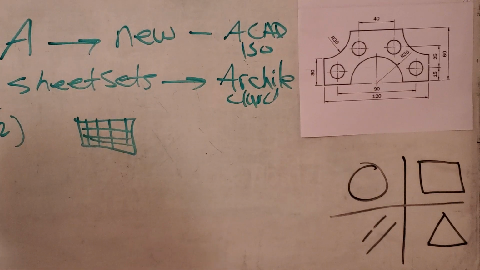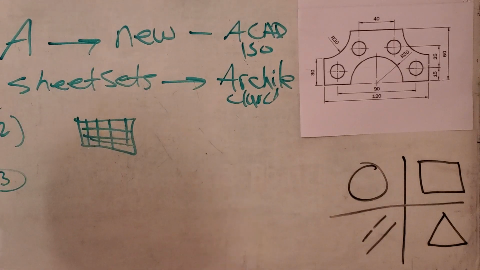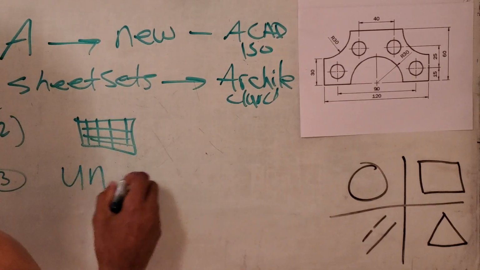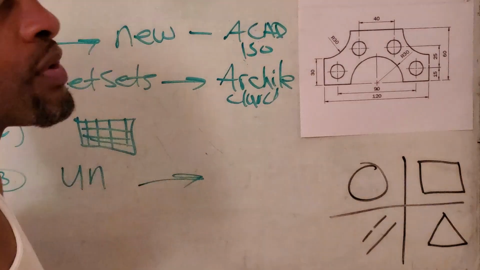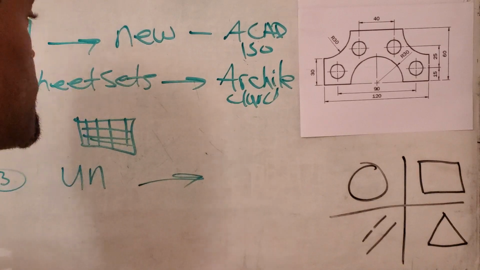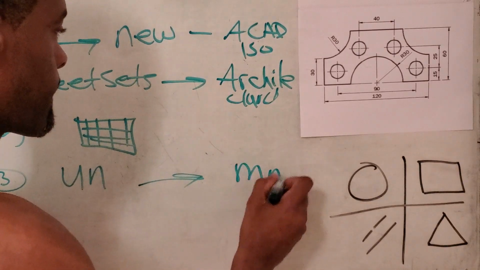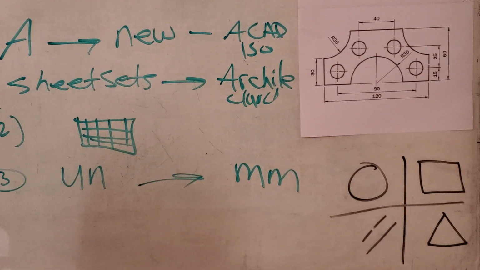Once you have turned off your grid, the third thing to do is to set up your unit. To do that, type UN, enter. And your standard unit should be millimeters for Jamaica and this region. Once you have set your unit, the next thing to set is your limit.